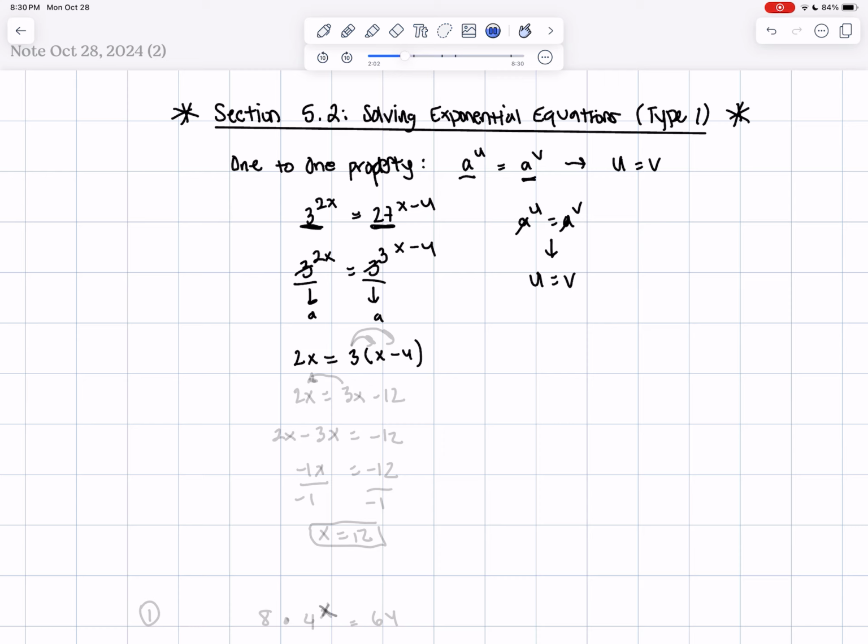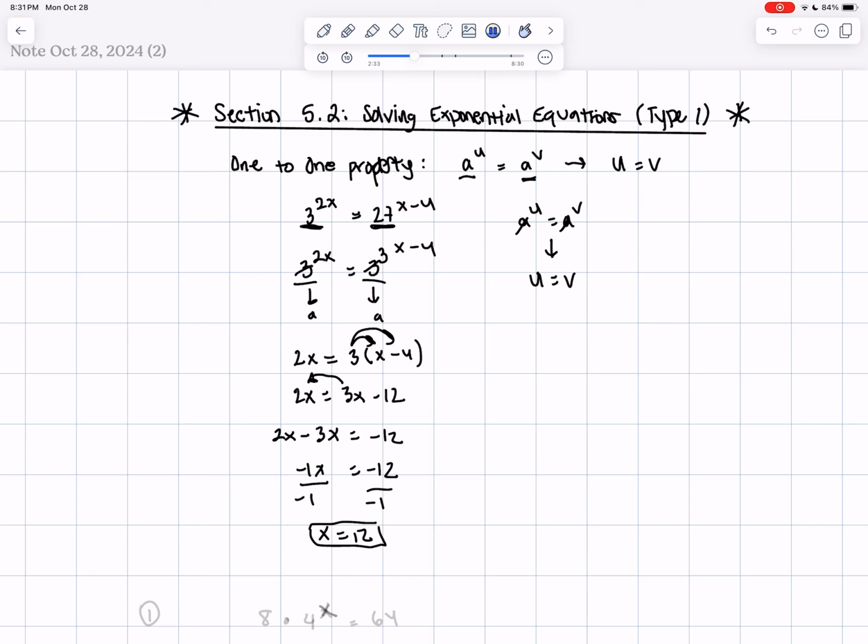And now we just do distributing. Move the 3 over. Two minus 3x is 1x. Divide by 1. And x equals 12.